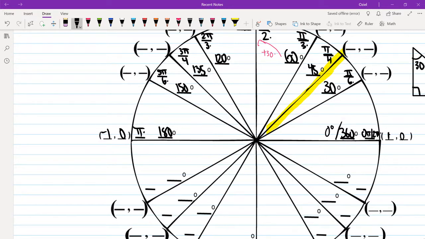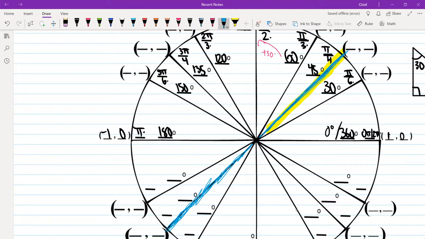But another shortcut way of doing this is if you look at this part and this part, and then you ask yourself, if you go counterclockwise, you're adding 180. Half a circle is 180 degrees.